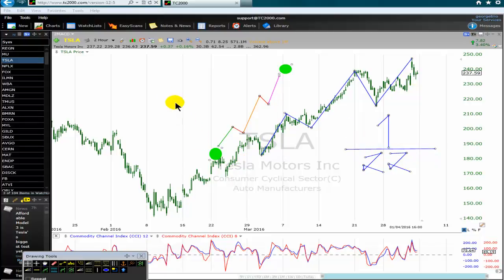If you are counting waves on the 1-minute time frame, you may use the 22-minute time frame to validate your wave count. But not all charting software will allow you to have a 22-minute time frame, so you will use the 30-minute time frame instead.